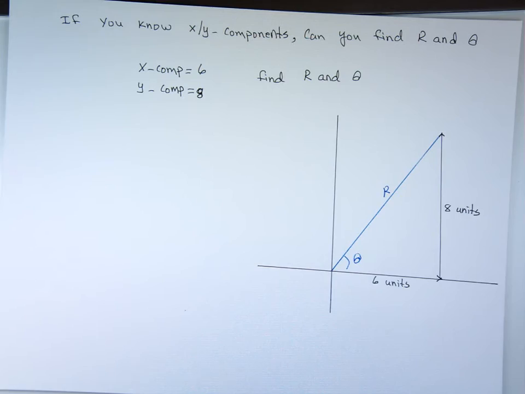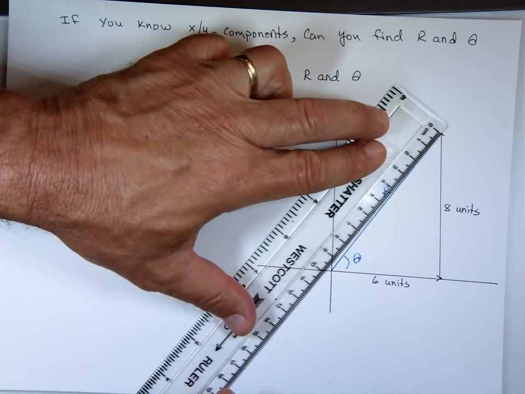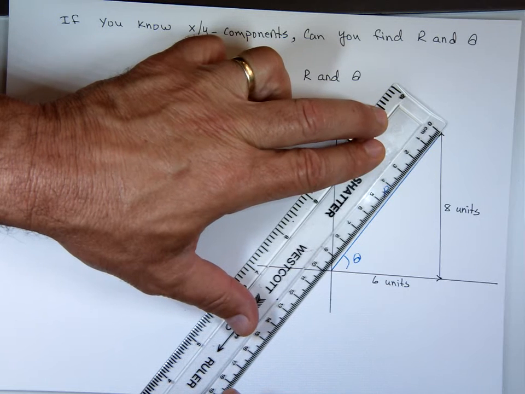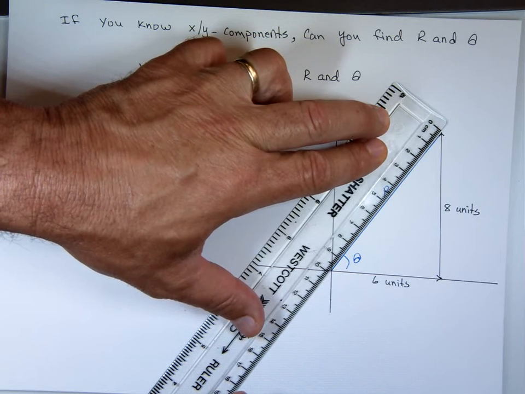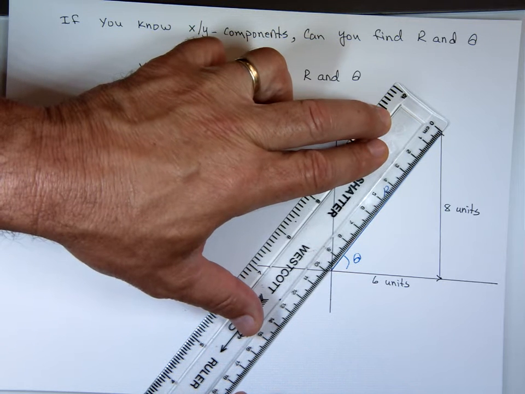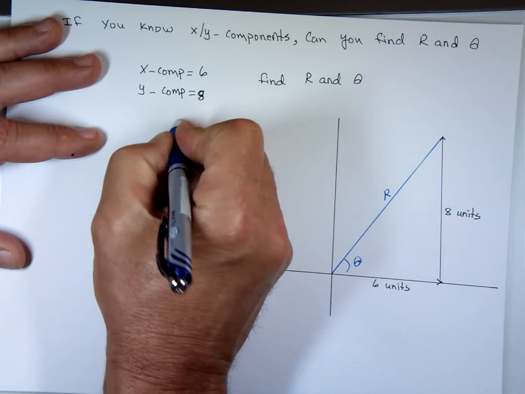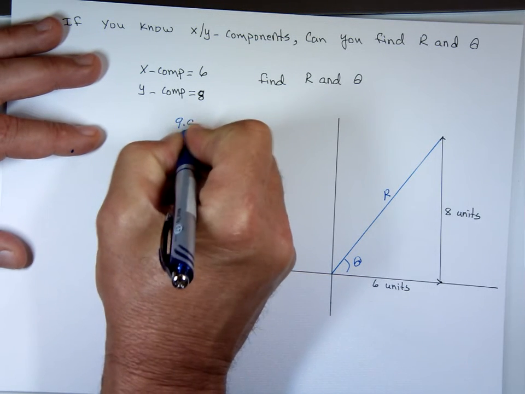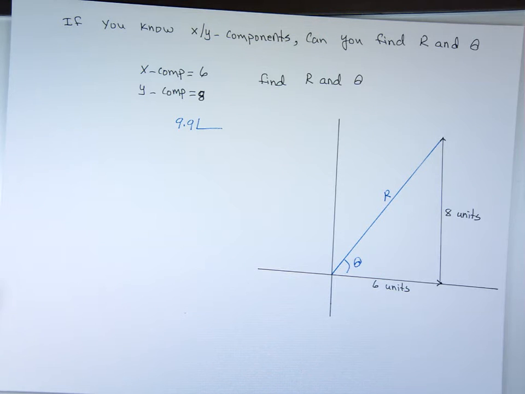Well, r should be what? Let's measure the length of that. I'm getting just a hair under 10, like a 9.9. And the angle, let's see, what angle do I get when I measure the angle for the blue line?